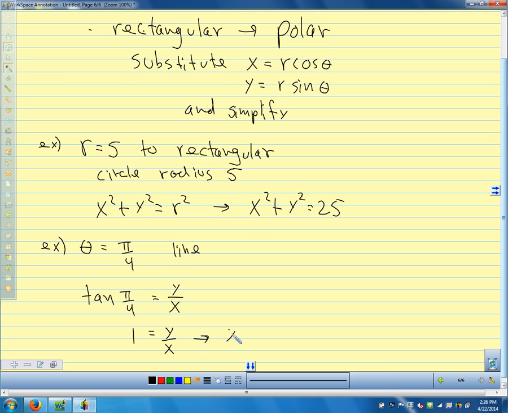So our equation is the line y equals x. If I sketch a quick graph here, anywhere along the line y equals x, theta is pi over 4, or the angle is pi over 4. So this describes the line y equals x. Theta equals pi over 4.